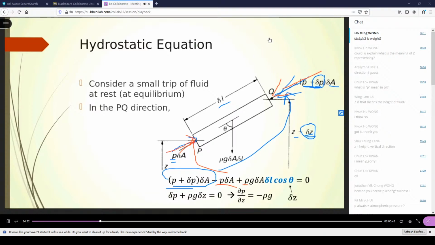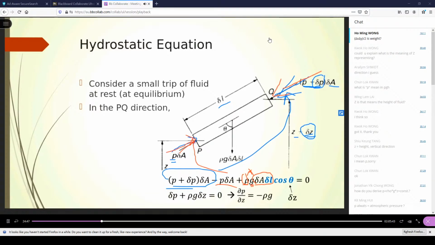So weight is mg, and the mass is the volume times the density. Volume is delta Z times delta L, multiplied by density gives mass, and then mass times g is the weight.